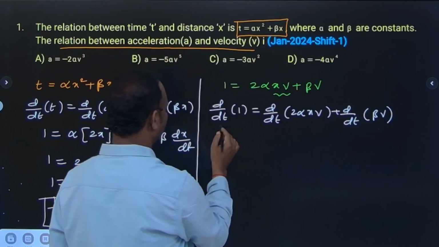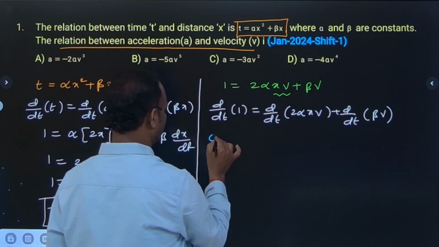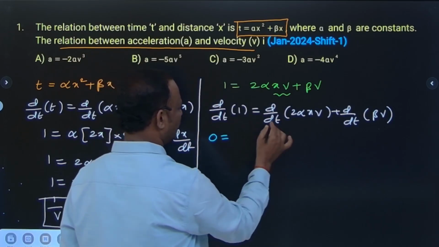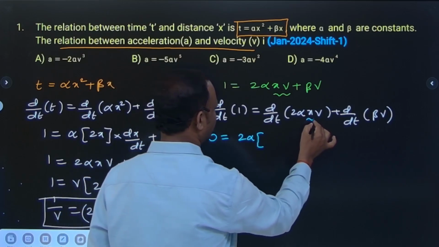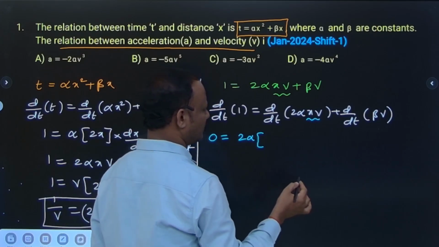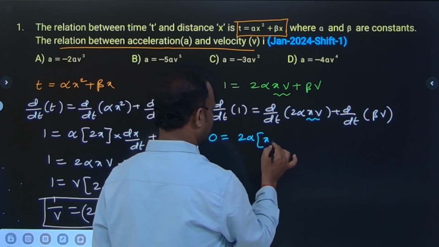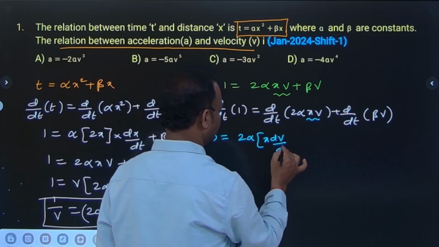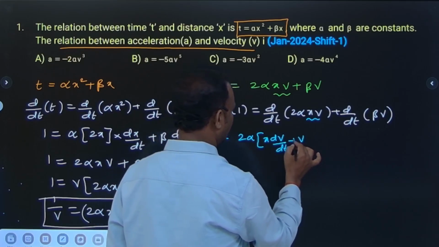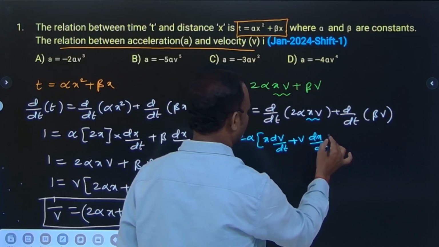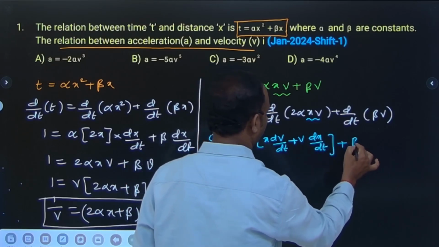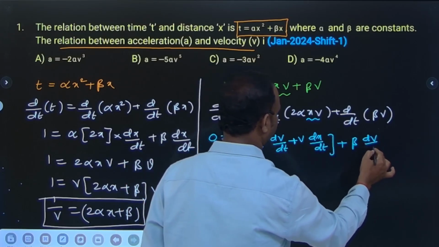So d by dt of a constant is 0, equal to 2 alpha as it is written, times (x into dv by dt plus v into dx by dt), plus beta into dv by dt.